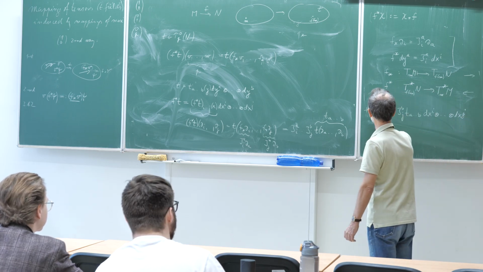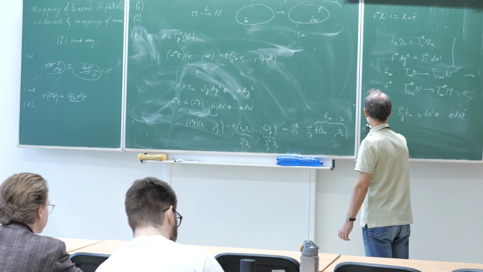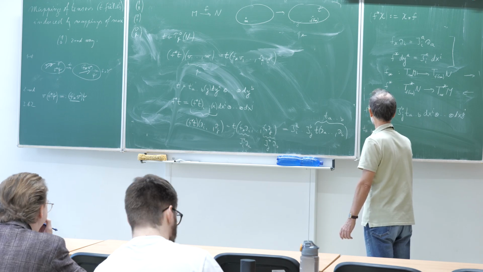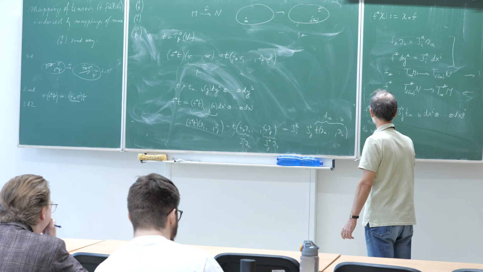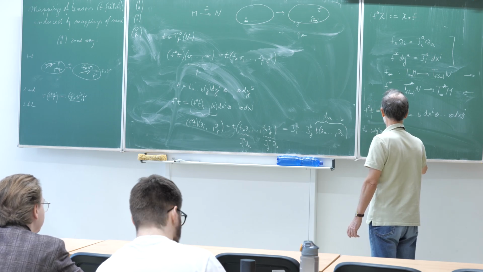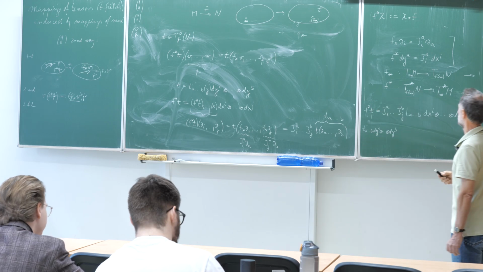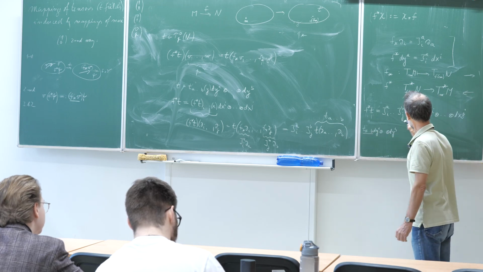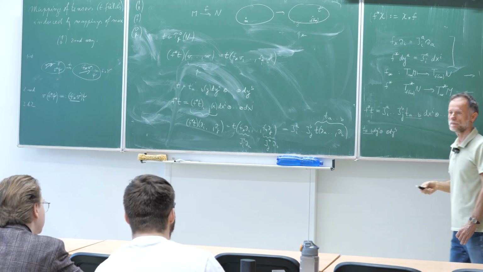And what is T? What it was: T_ab dy^a dy^b. Again, the same thing here and here.